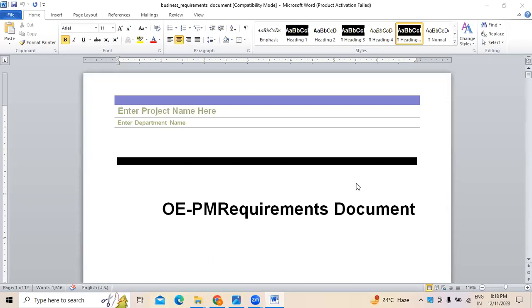Yes. Okay. Right. So whenever we are preparing a business requirements document, it majorly focuses on the business aspects of the project. It can be the business problem, the solution, impacts, and at the same time the critical success factors. All these things we need to mention.